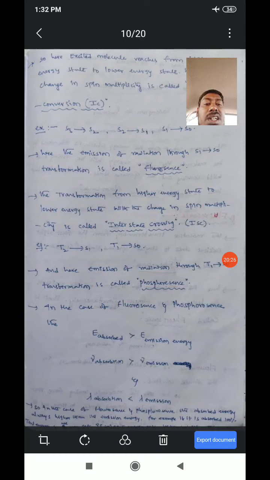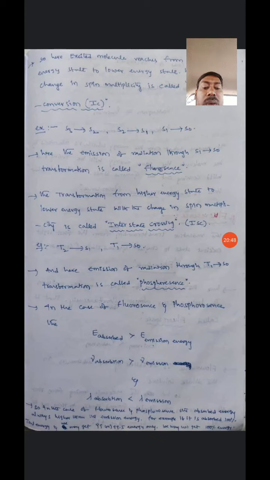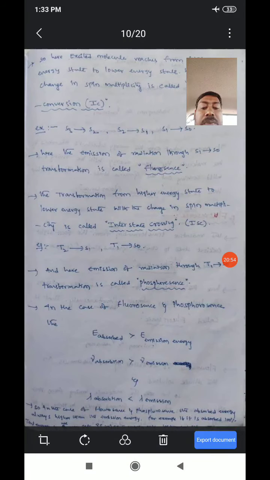Examples are T2 to S1 or T1 to S0. The emission of radiation through T1 to S0 transformation is called phosphorescence.